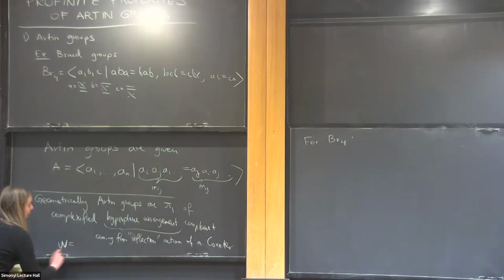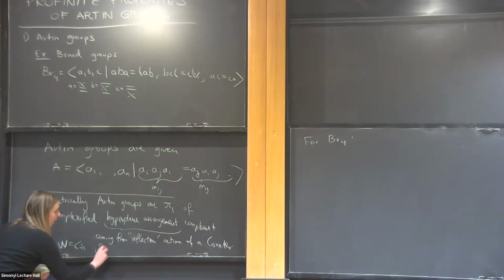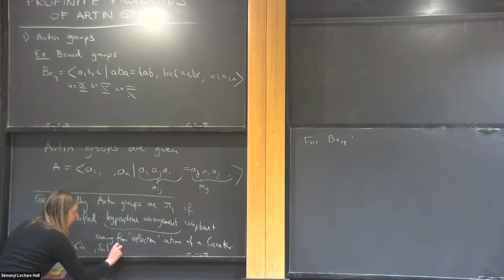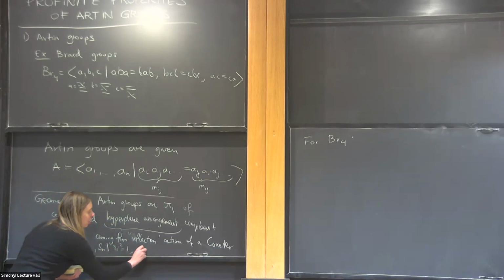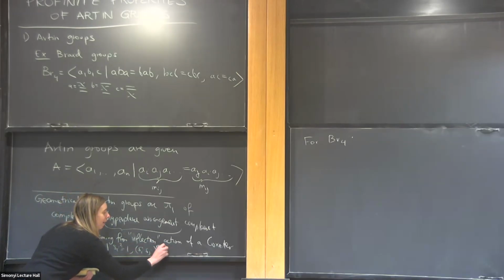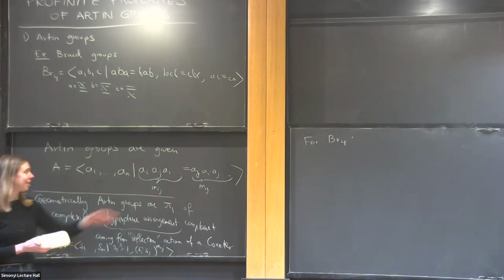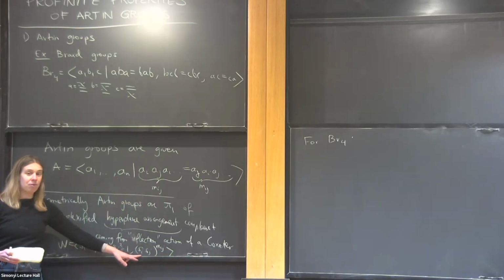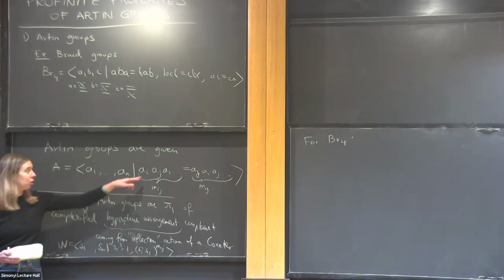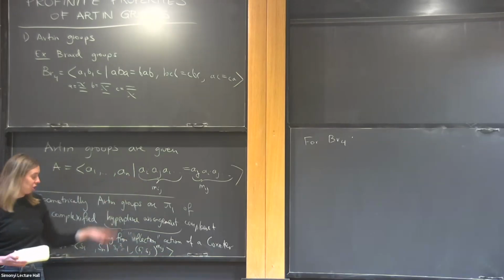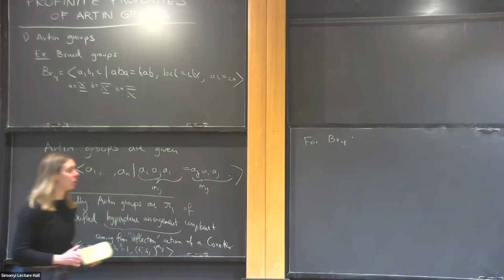Let me write the Coxeter group that would be associated to the same system. All generators are of order 2, and it's more typical to write the Coxeter group presentation with the second relation in this form. This is equivalent to this type of relation when the generators are of order 2.